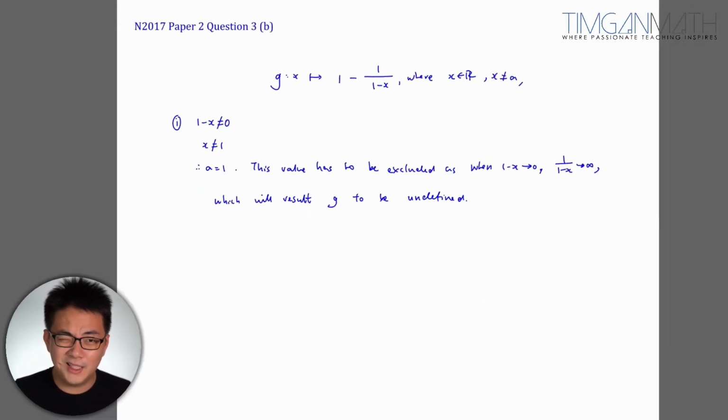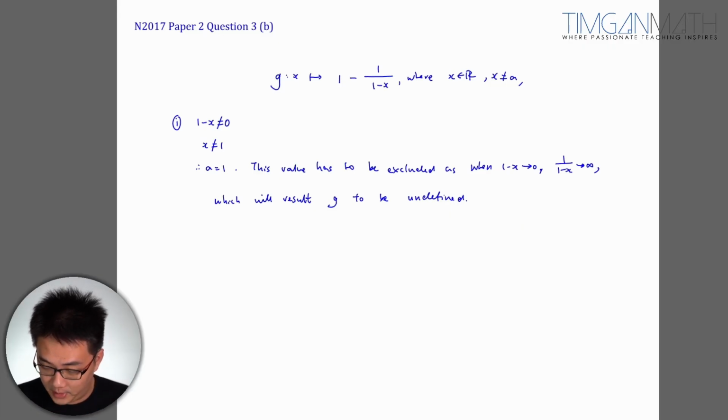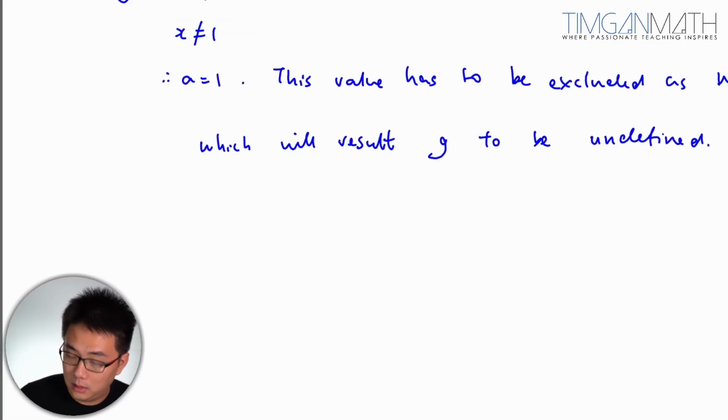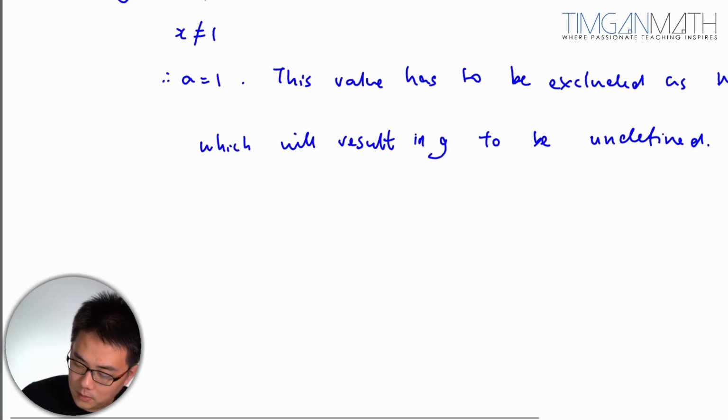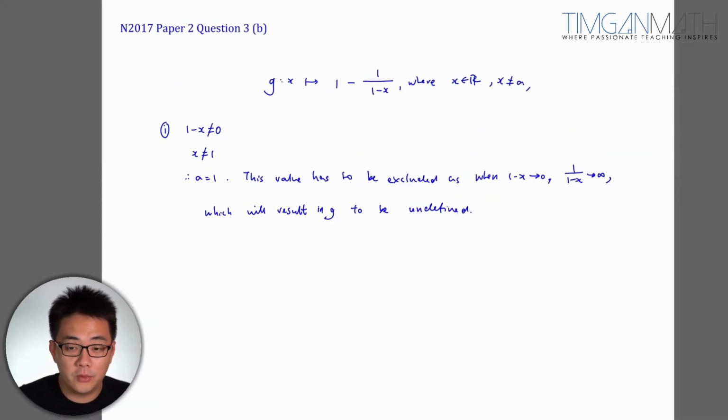Okay, so this is part of the reason why you should exclude this value. That's how we do this question here proficiently.